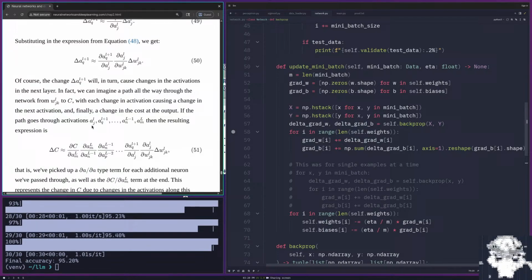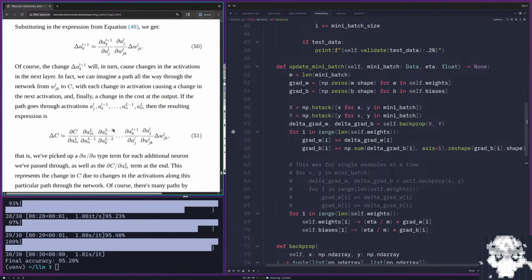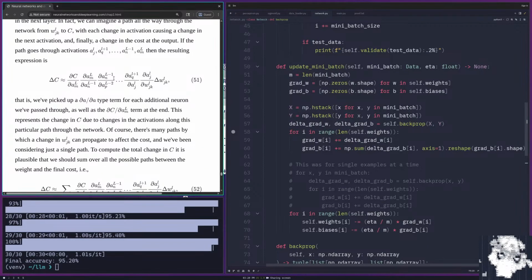If the path goes through activations A^l_j, A^(l+1)_q, etc., to A^(L-1)_n, A^L_m, then the resulting expression is, I'm not going to read this, but you've just got all these partial derivatives of terms, of A's with respect to their layer that came right before.